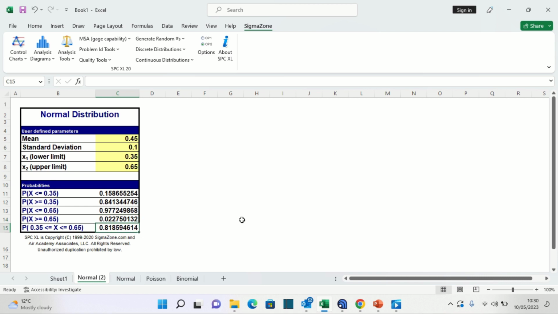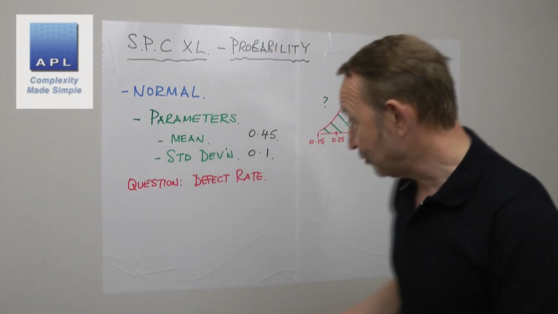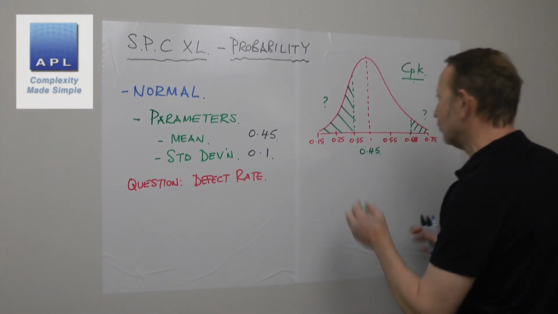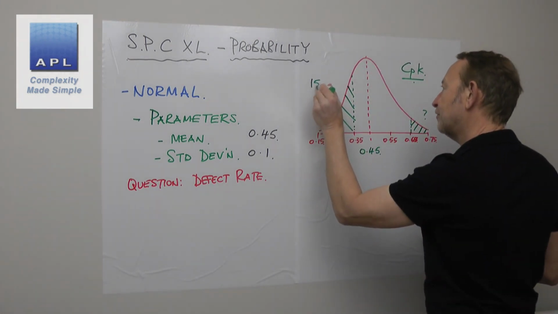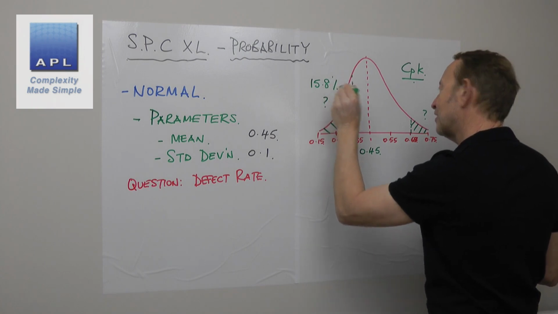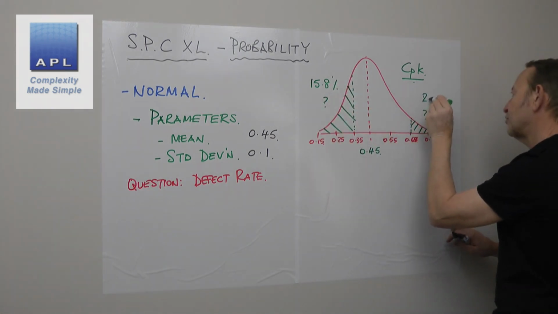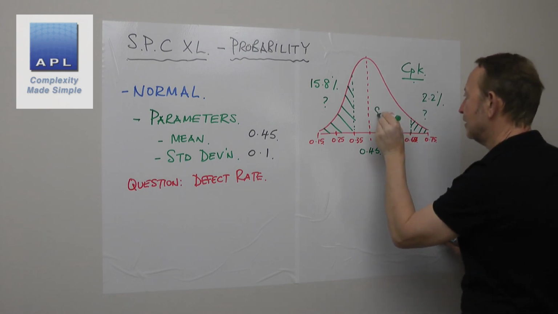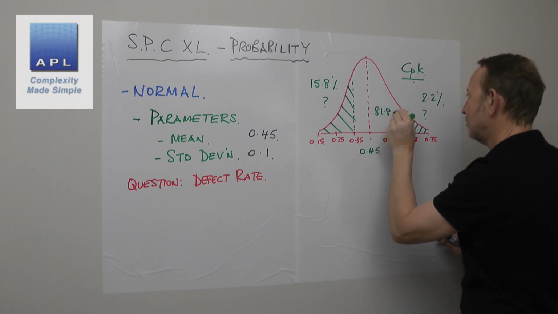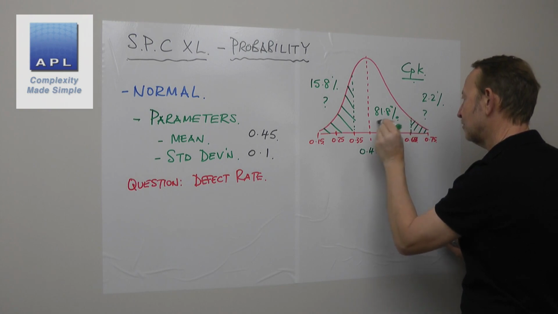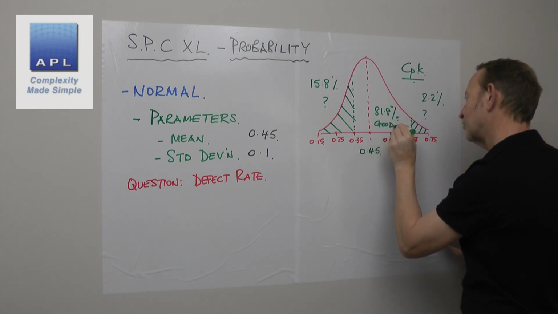That's almost 82%, 81.8% will be good ones. Okay, let's put that data on the diagram. So what did we say? We got 15.8% to the left, 2.2% to the right, and in here was 81.8%. They're the good ones.